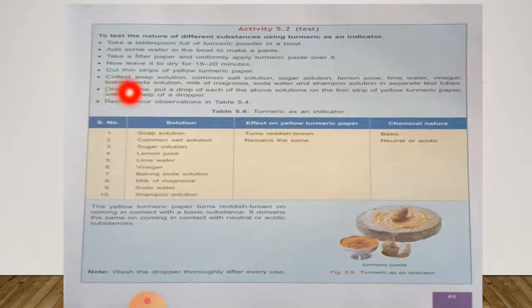After it, collect soap solution, common salt solution, sugar solution, lemon juice, lime water, vinegar, baking soda solution, milk of magnesia, soda water and shampoo solution in separate test tubes.